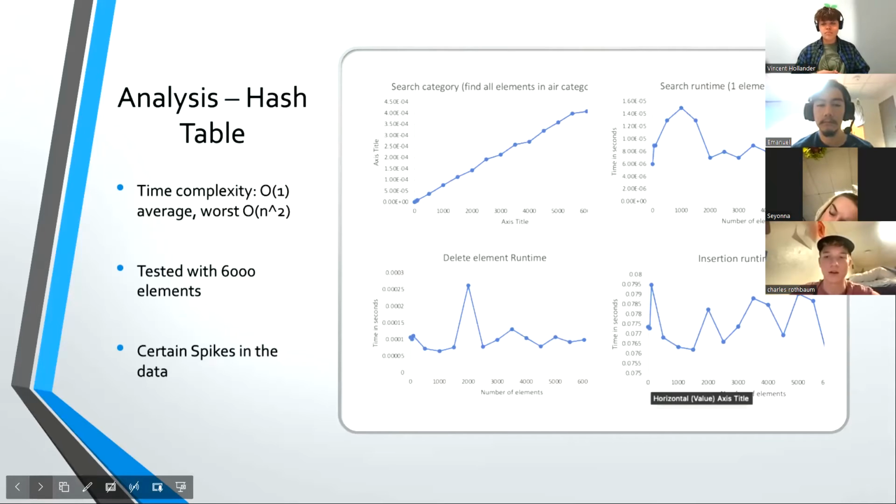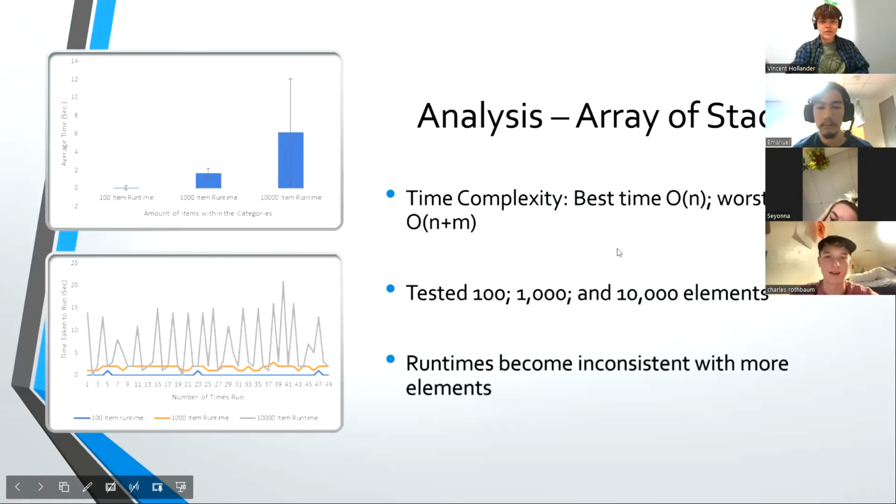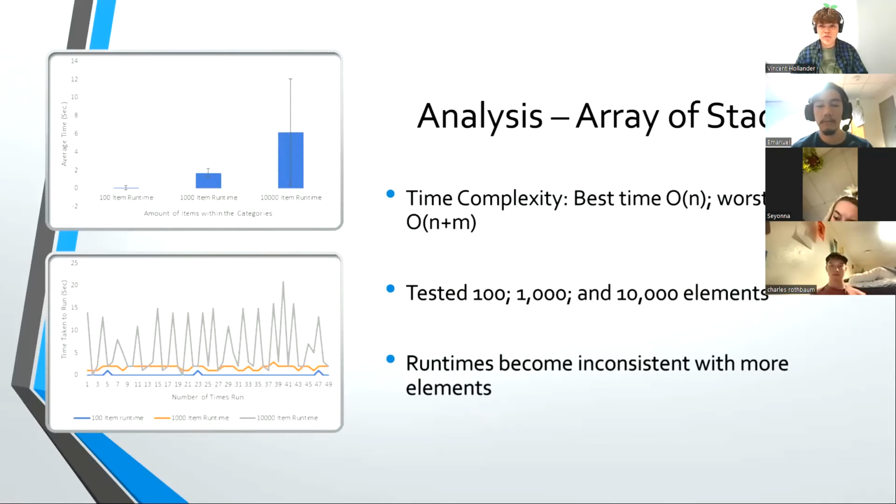So essentially it's an average of O(1) process for n elements in the table, so we get the linear graph as we increase the number of elements. For our array of stacks, the time complexity is a little unclear due to the fact that for bike tricks specifically, the n time of how long the vector is always the same.